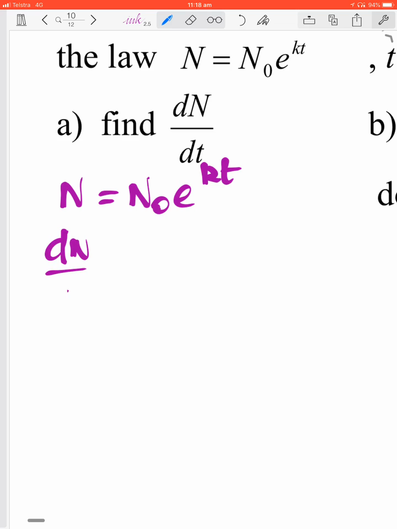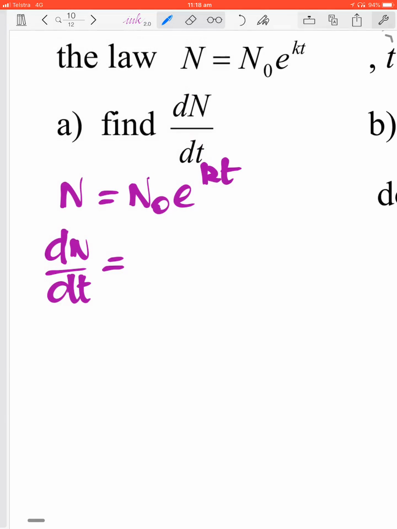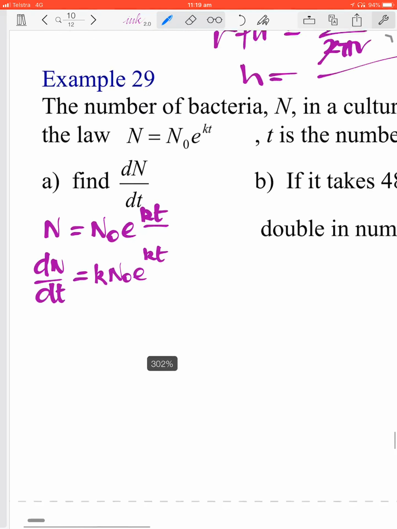If we want dN/dt, we're just deriving this function with respect to t. When we derive an exponential, we derive the exponent, which is going to give me k. So I'm going to have k N naught e to the kt. So that is dN/dt.